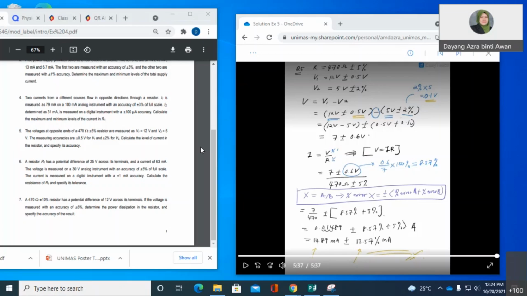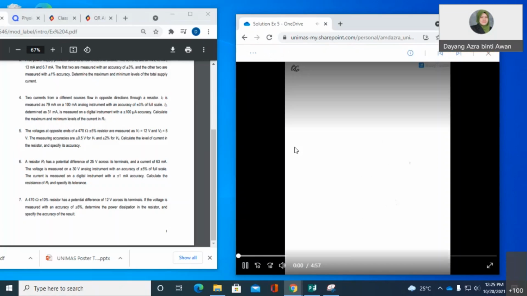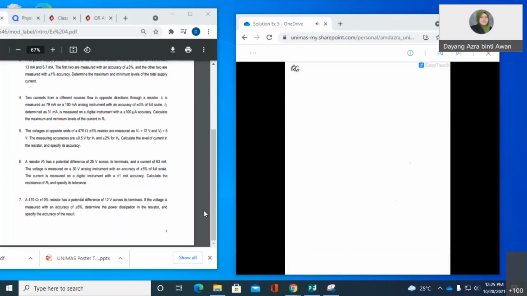Okay, so that one is for question number 5. And next one is question number 6. For question number 6, we have a resistor with a potential difference of 25 volt across its terminals and a current of 63 milliamp.